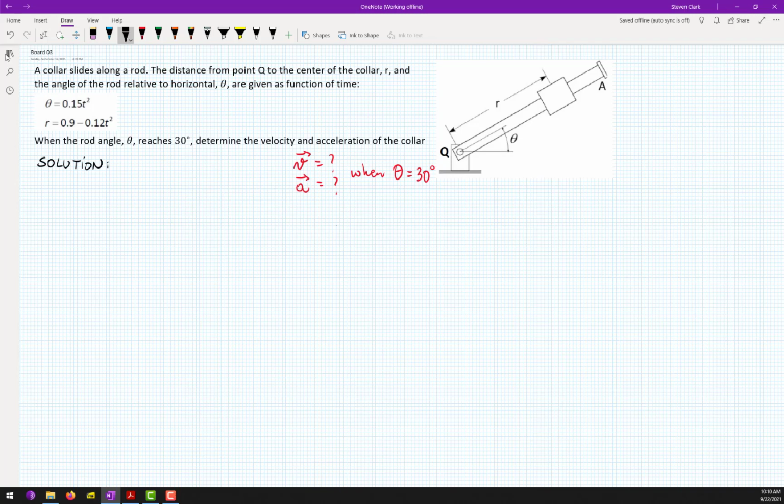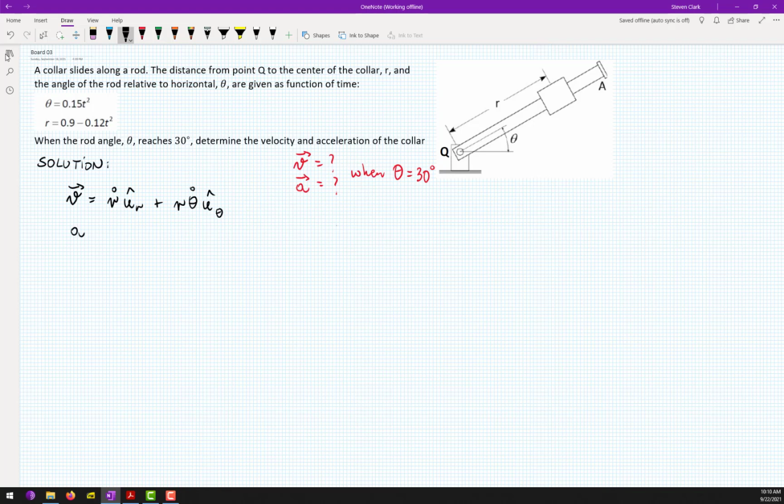So what I would like to do first, let me write down, first of all, so this is how I solve those problems. I always write down those magical expressions from the previous board. So let me write them down here. V, if I remember correctly, was r dot ur plus r theta dot u theta.